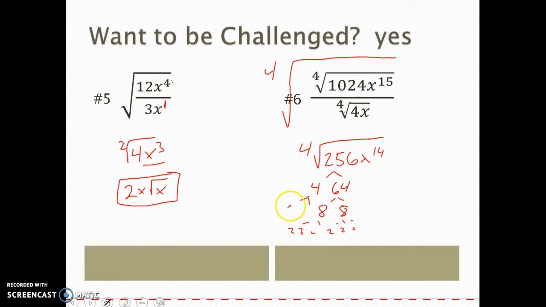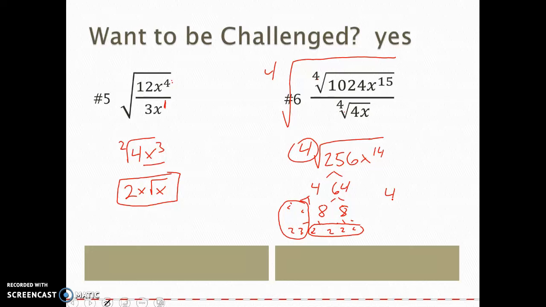And this 4 is 2 times 2. So how many groups of 4 2's do I have? Well, here's a group of 4 2's, and here's a group of 4 2's, and so that's a 2 times a 2 on the outside, which is a 4 on the outside of my radical sign. In other words, the fourth root of 256 is 4.